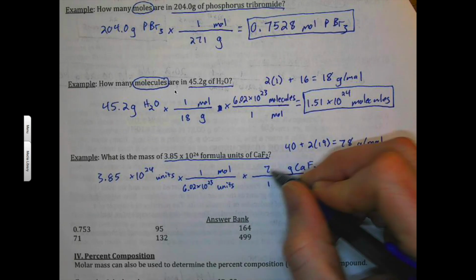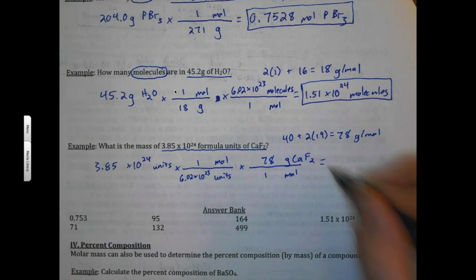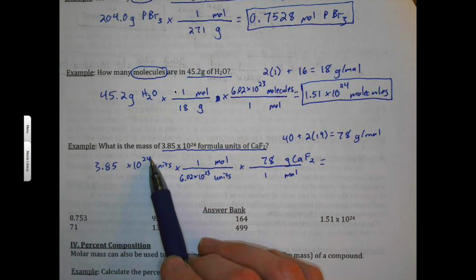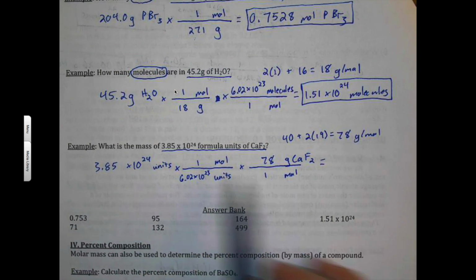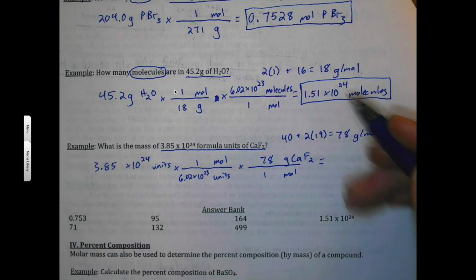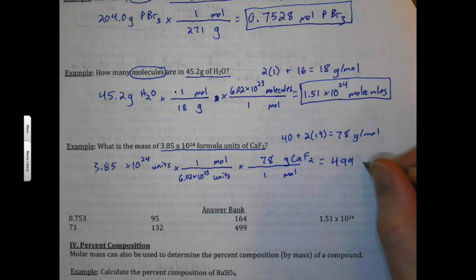So that's 78. And so 3.85 times 10 to the 24 times 78 divided by 6.02 times 10 to the 23rd, that will come all the way around to 499 grams of calcium fluoride.